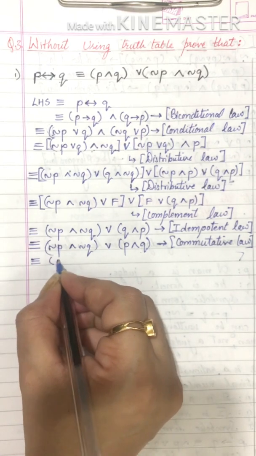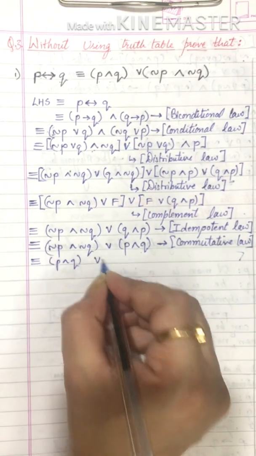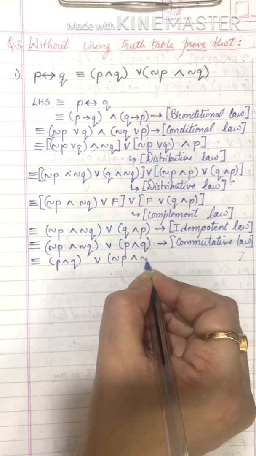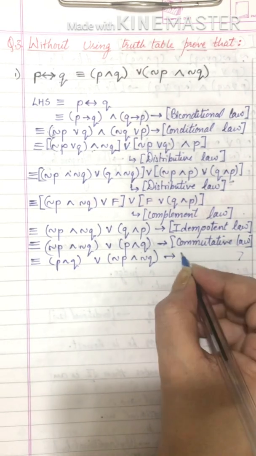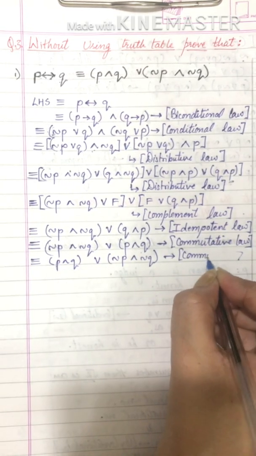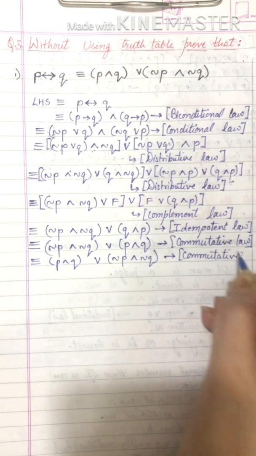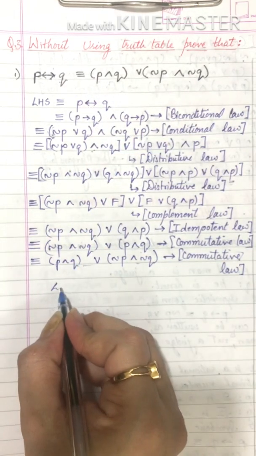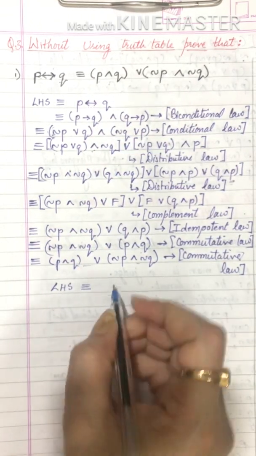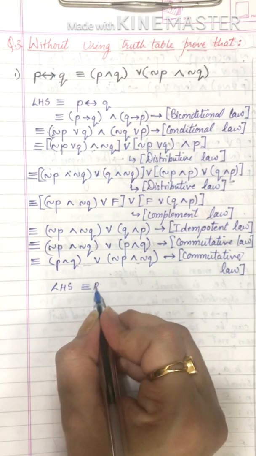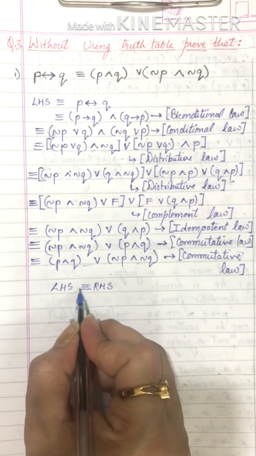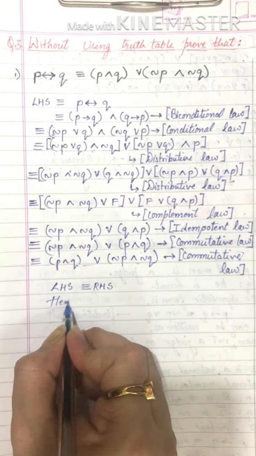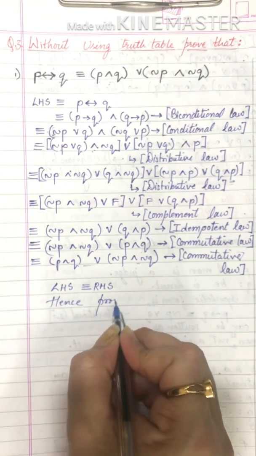So we get next P and Q or negation P and negation Q, right? I state the reason again, commutative law. So here we have reached what is asked in RHS. So I write here LHS is equivalent to RHS, or you can also write LHS equal to RHS, hence proved.